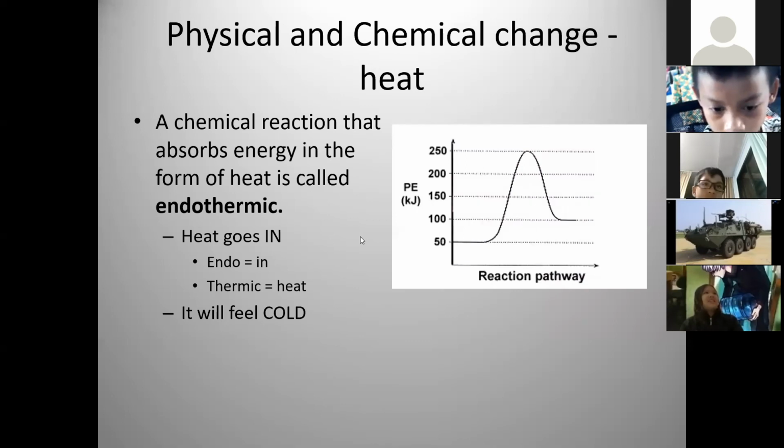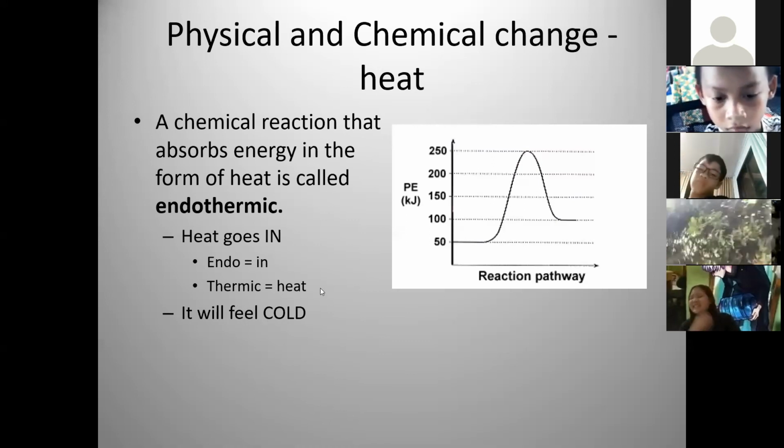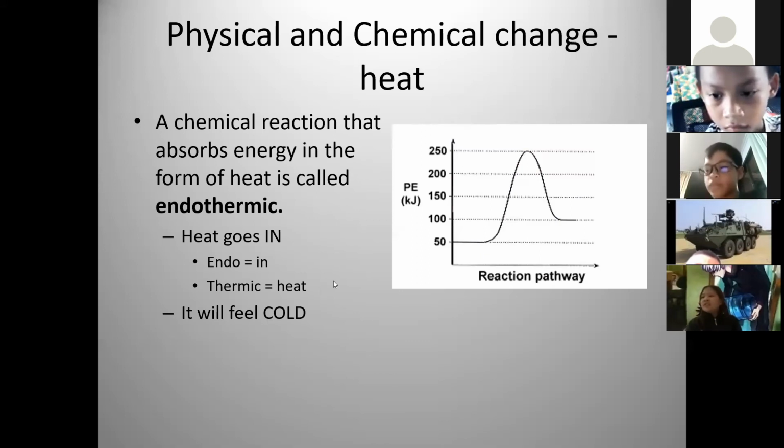Very good. So heat goes in. Endo means in. Thermic means heat. So exo is out. Endo is in. In this chemical reaction, it will feel cold.